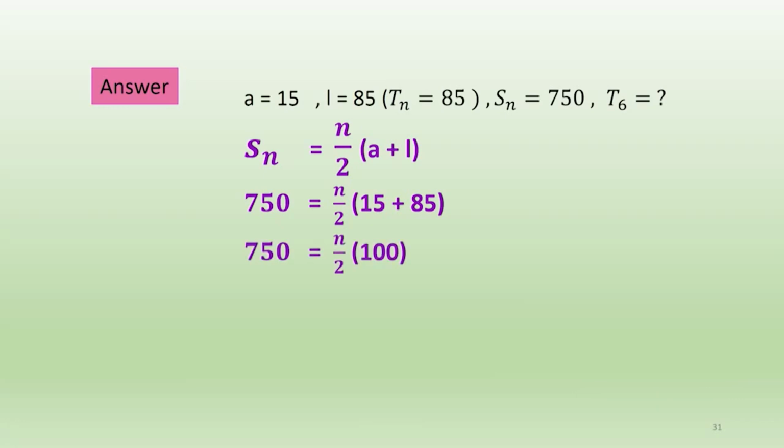Here I am going to find n, and we got n equals 15. So the number of terms is 15. If you know the number of terms as 15, we can find the sixth term.